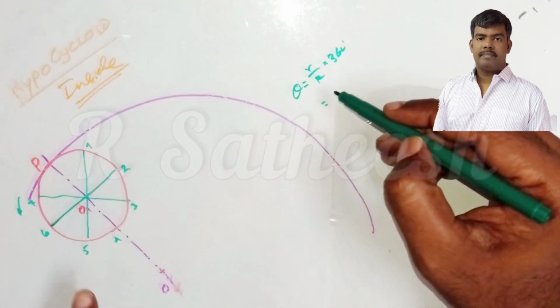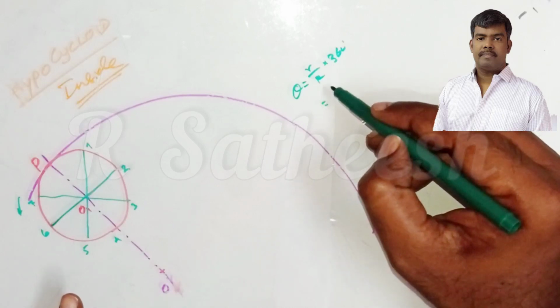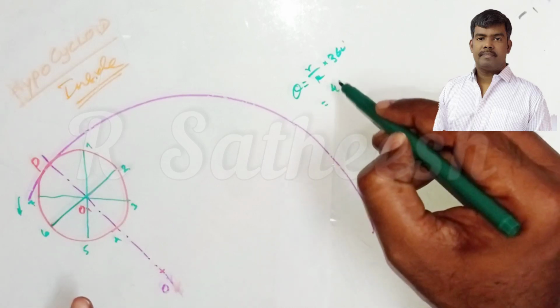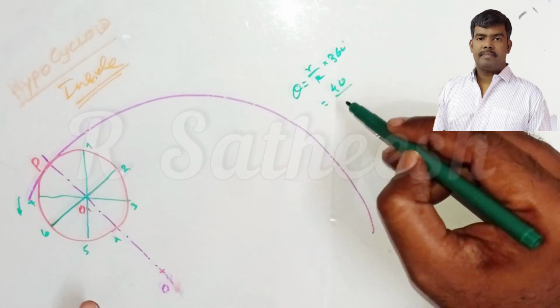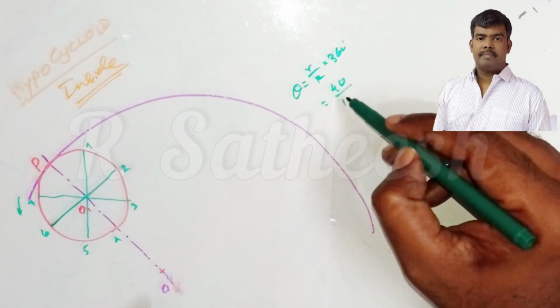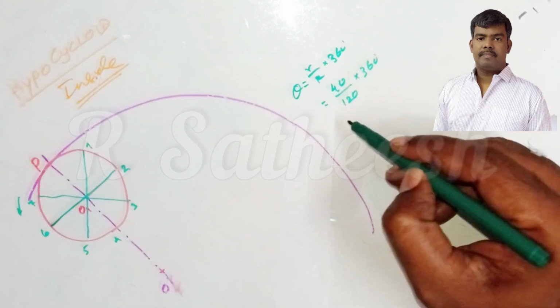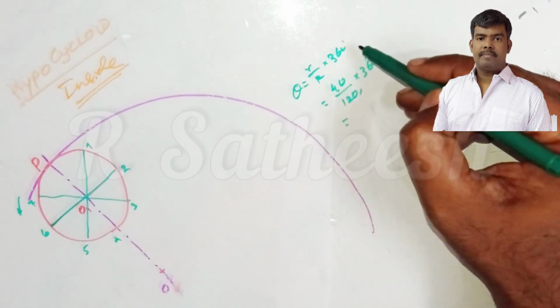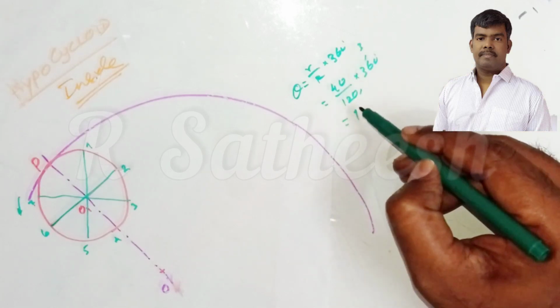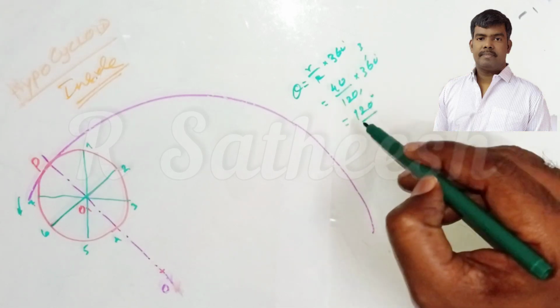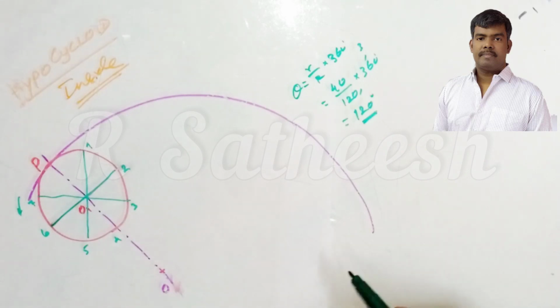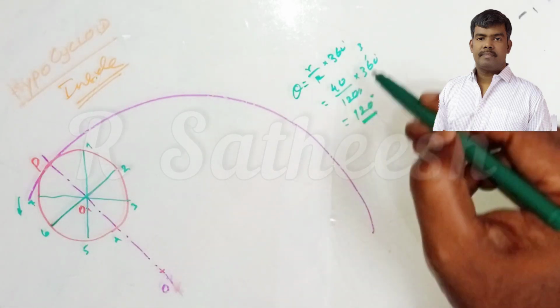In this problem the radius of the rolling wheel is 40 mm and the radius of the directing wheel is 120 mm. So 40 by 120 into 360. So this one is one third, so the angle is 120 degrees.